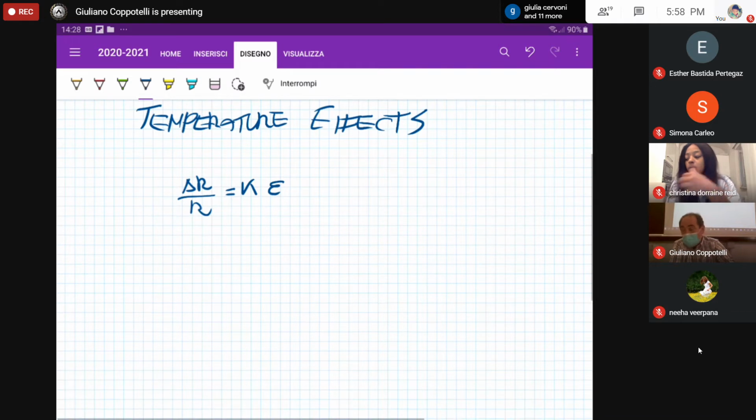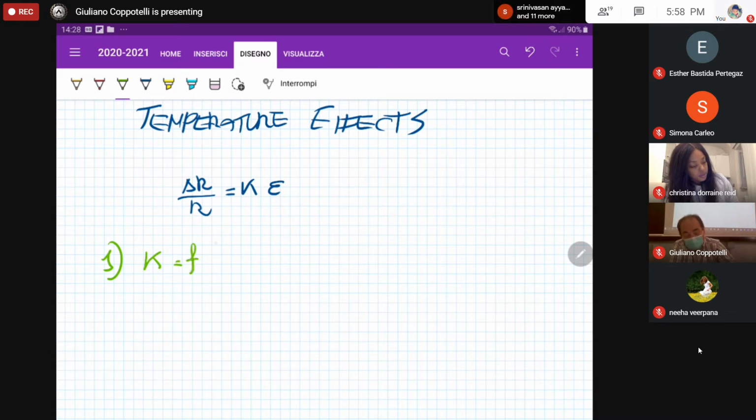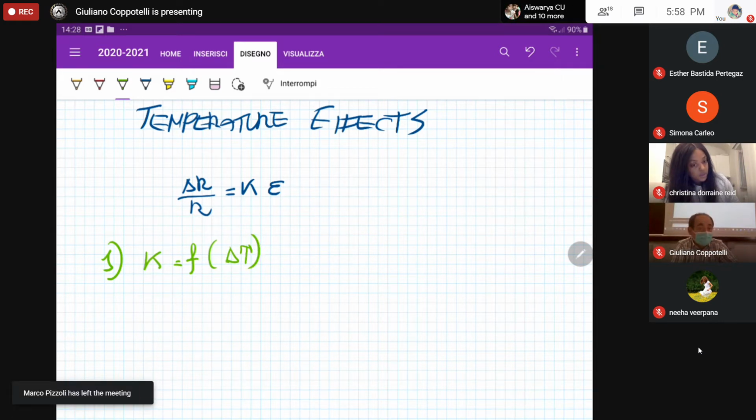The first one is the effect that is linked to the change of the strain gauge factor with the change of operating temperature. So we have to consider that K is a function of the change of T, temperature, with respect to the reference one.